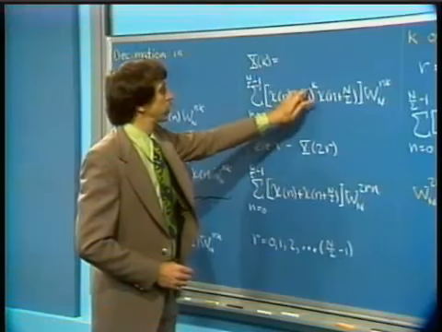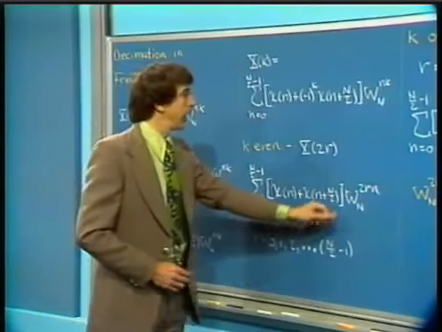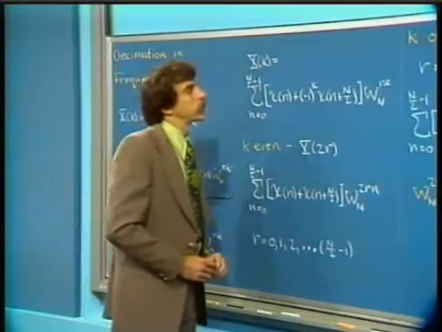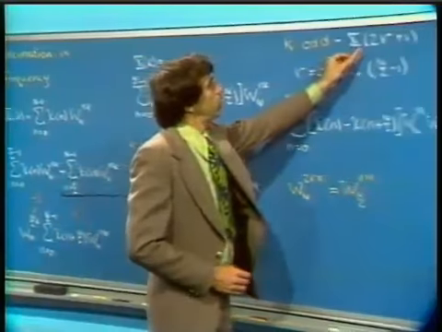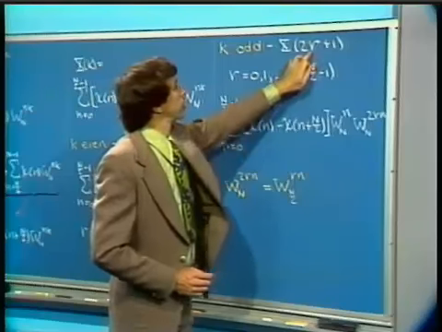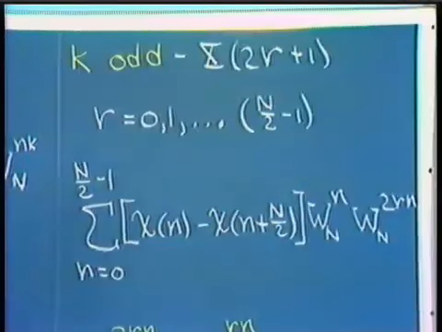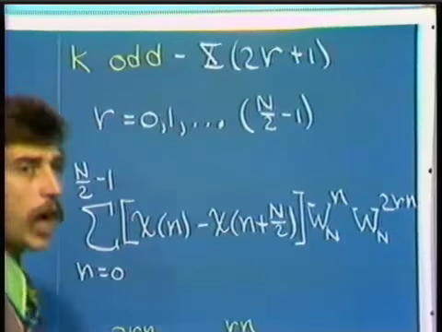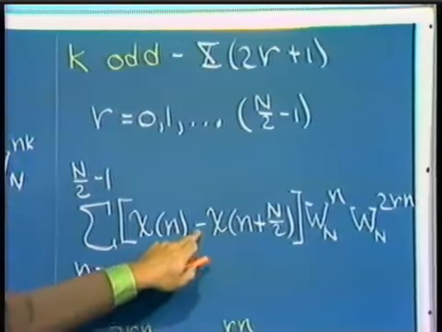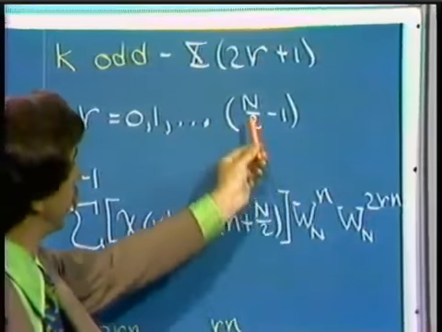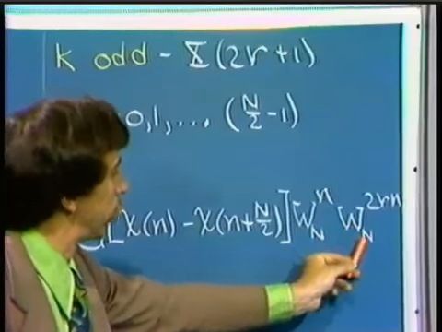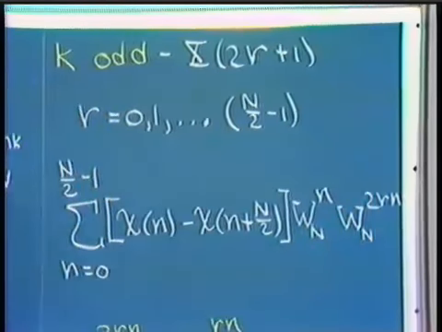Since k is even, minus 1 to the k is positive, and we have then the sum that I've indicated here. Whereas for k odd, we choose an index 2r plus 1, where, again, r ranges from 0 to N over 2 minus 1. And because k is odd, what results in the sum is a subtraction rather than an addition. And then, substituting in also, we have W sub capital N to the little n times W sub capital N to the 2rn.